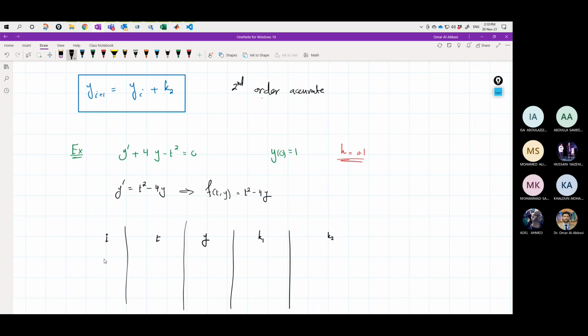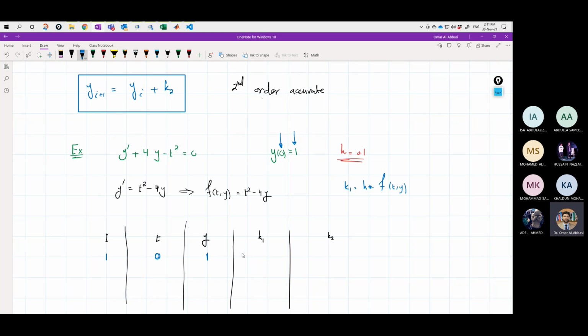Okay. Guys, initially, the first iterator, t was 0 from the initial condition. y was 1, again from the initial condition. Okay. What about k1? How to calculate k1? Remember, k1 was h multiplied by the function evaluated at t and y.